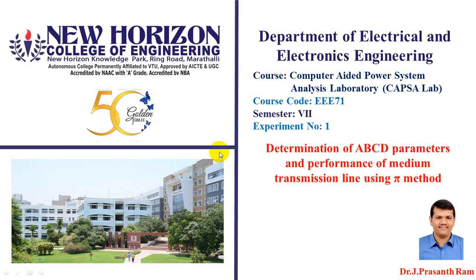From ABCD parameters, we are going to evaluate the sending end voltage and sending end current based on the receiving end data. First you will calculate ABCD, and second you are going to identify VS and IS, the sending end voltage and sending end current. So based on the sending end and receiving end, you can calculate the efficiency, regulation and all those things.